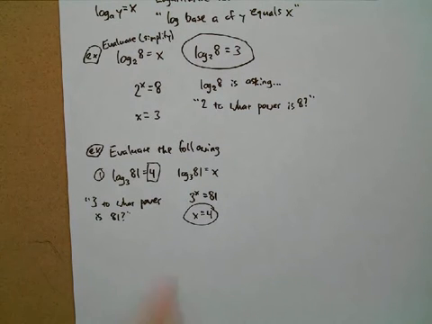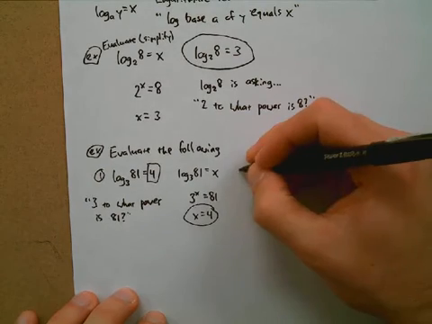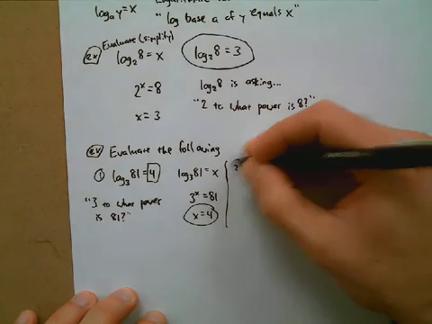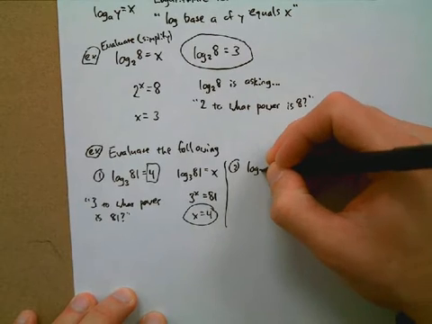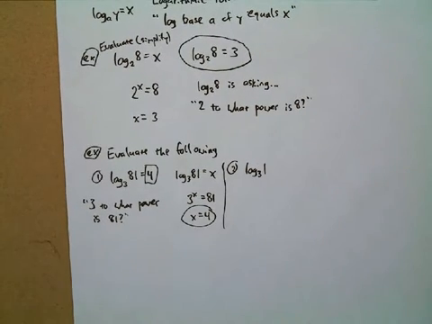All right, let's try another one. Log base 3 of 1. So what would this equal? Cassie? 0!